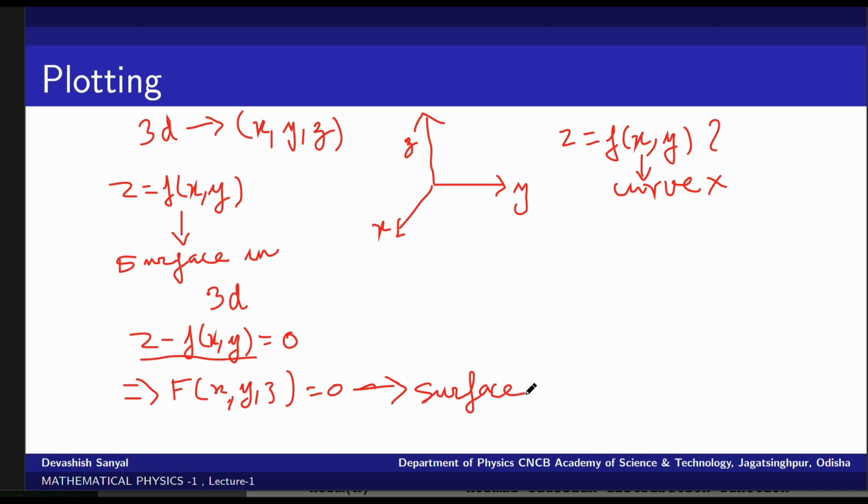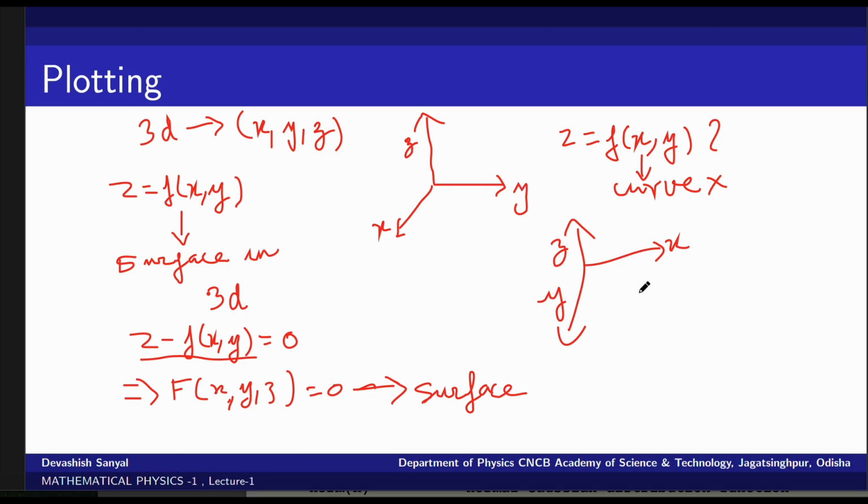Another thing that I want to mention here is that this order is important. I will not use this kind of coordinate system, where I have just interchanged x and y. Here this was x, this was y; here this is x, this is y.